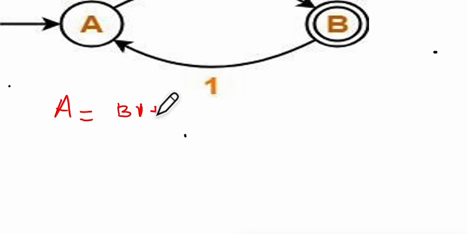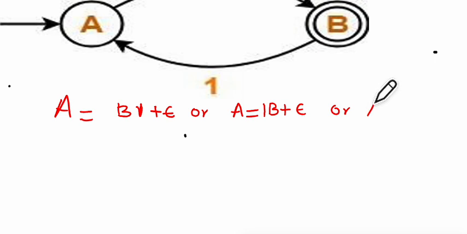As A is the initial state, we add plus epsilon. We can also write it in this way: A equal to B1, the incoming path from state B on input 1, plus epsilon. Or we can start with epsilon plus B1. Anyway we can write it.